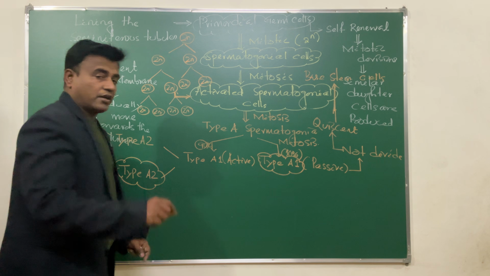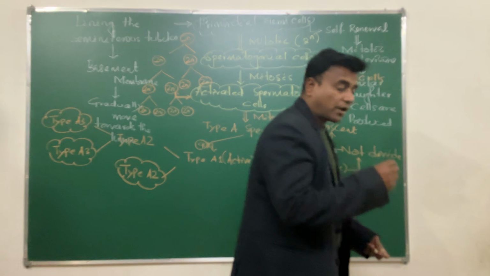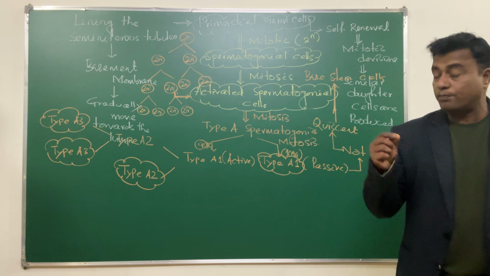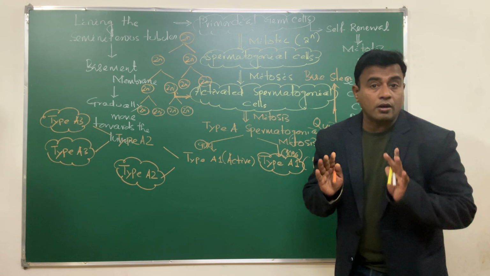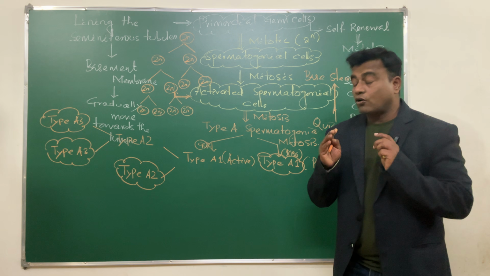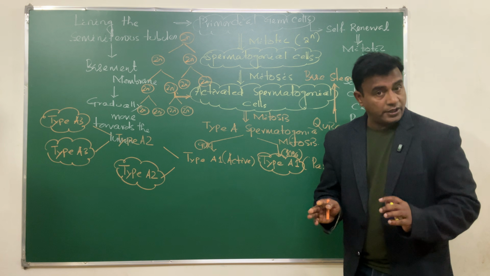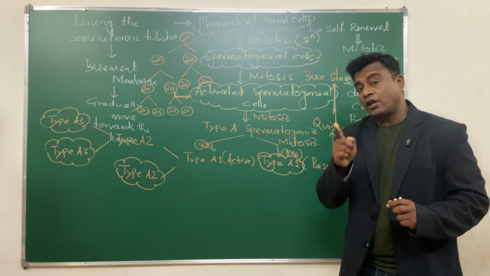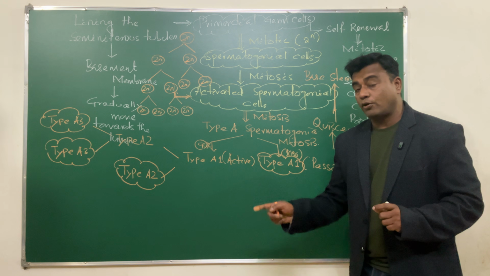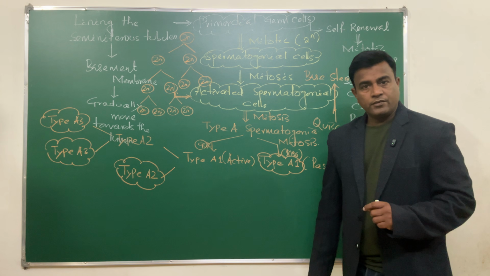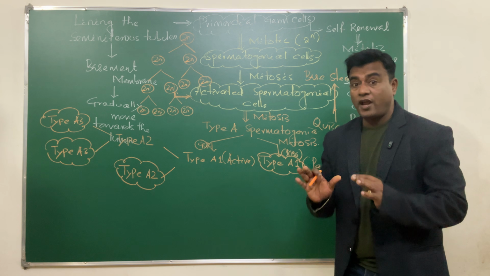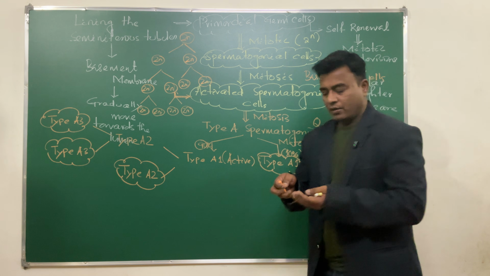So now you can well understand why a single primordial germ cell is able to produce a million cells. And it's a continuous process. Can you believe 1000 to 1500 cells are being produced per second? So it makes this process very, very dynamic.